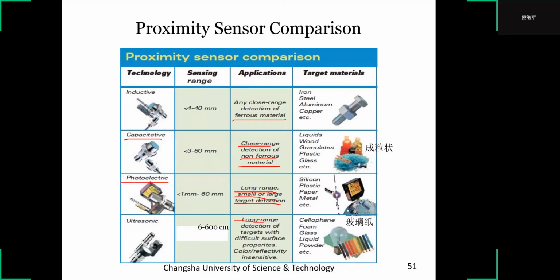Ultrasonic: long range detection of targets with difficult surface properties, color and reflectivity insensitive. This is the application for the different proximity sensors.